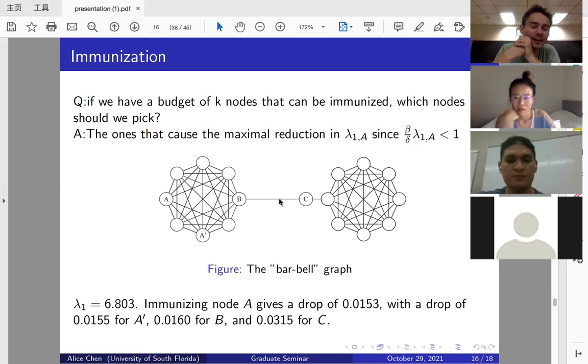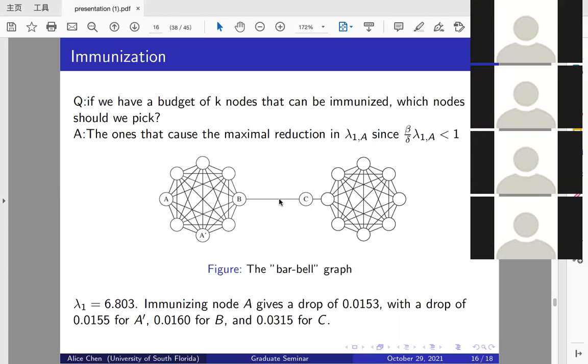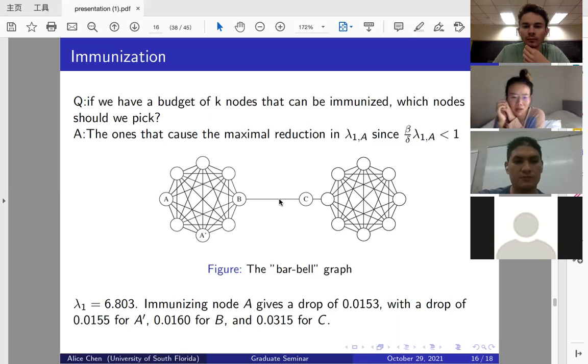Maybe there might be, but I don't know if there's a tool that really gives you a direct application of how to pick the nodes. But that's a good question. It's a good area to explore.